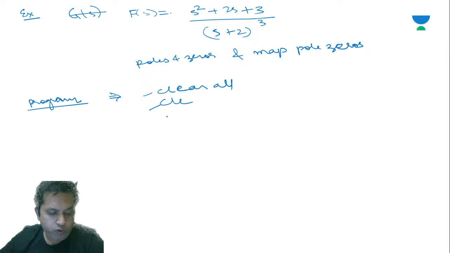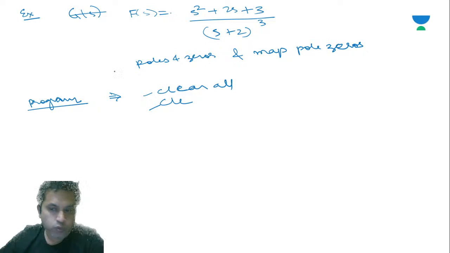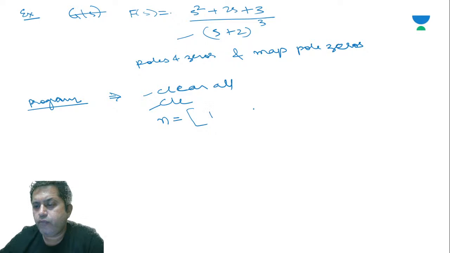This is the transfer function. Clear all, CLC. We will write the numerator polynomial, coefficients 1 2 3.